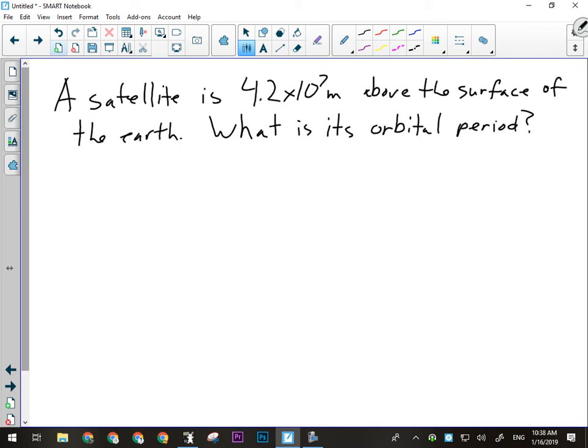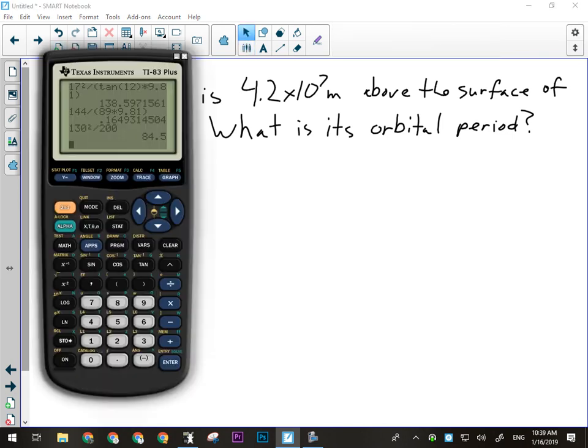That would be a tough one because I only give you two pieces of information. I tell you it's Earth, and I tell you that the satellite is 4.2 times 10 to the 7 meters above the surface of the Earth. So what do I need to do first off? Right, I've got to get the proper radius by adding the radius of the Earth.